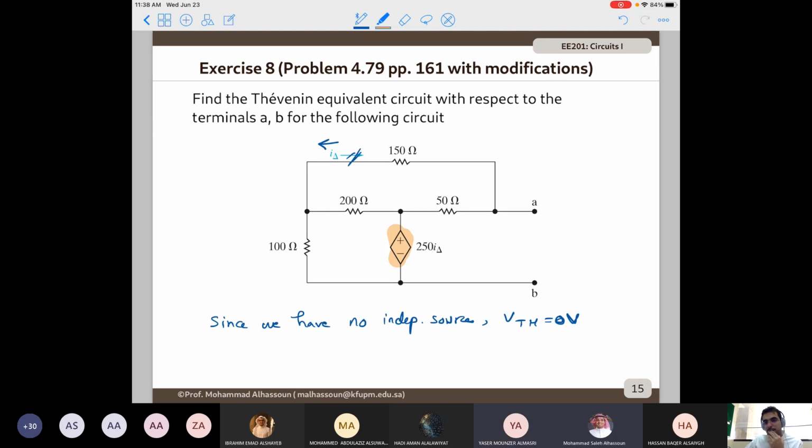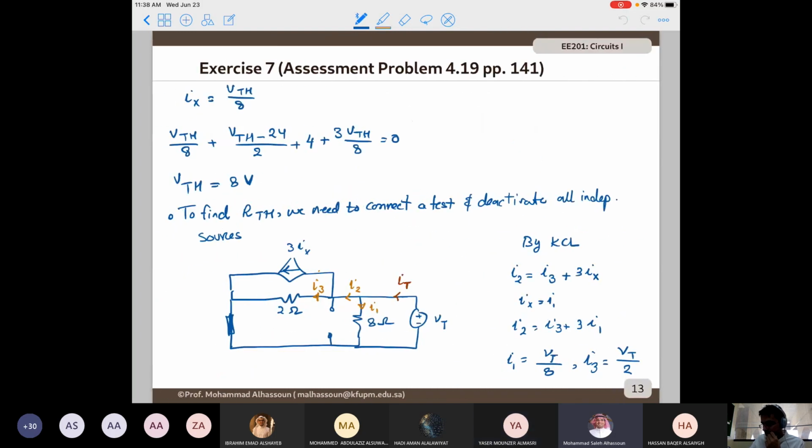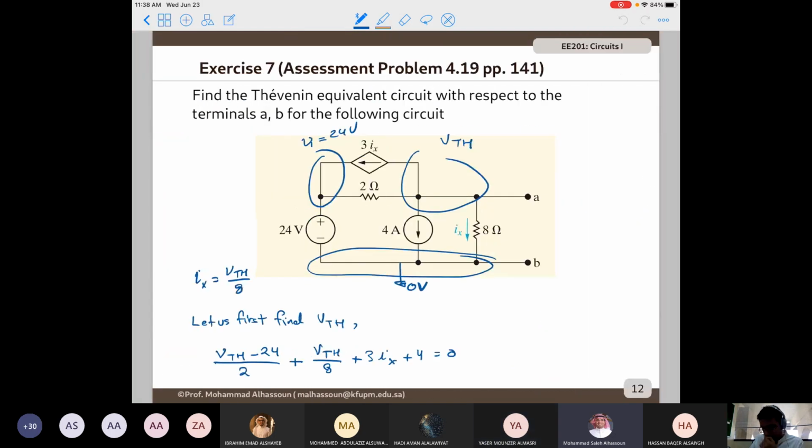Yes, I get it. I have another question in the previous question. Sure. Which one? If I want to find V Thevenin using the mesh current method, I will erase the 8 ohm resistor, and then I don't know how we will draw the circuit after we erase the 8 ohm resistor.